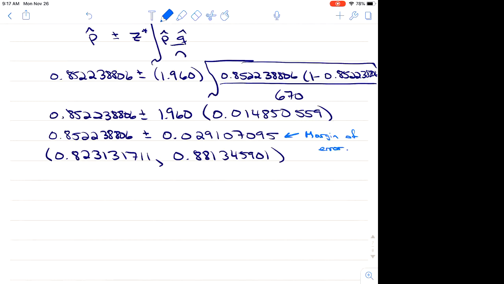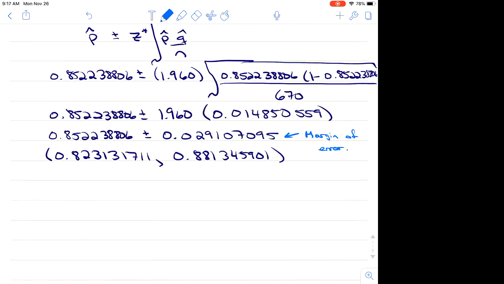For that calculation of the whole square root, I'm getting a little less. Have you stored it, or are you entering it? Are you storing the 571 over 670?